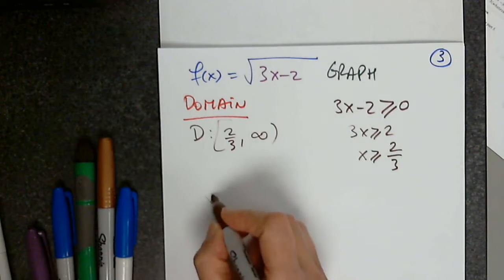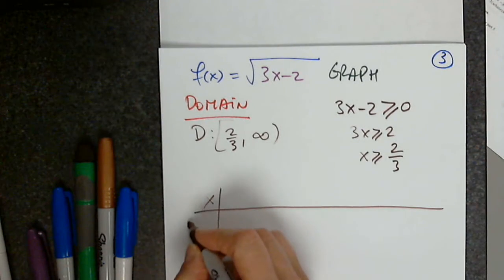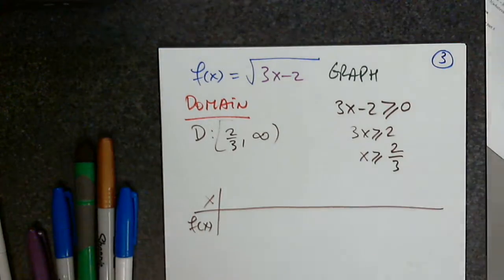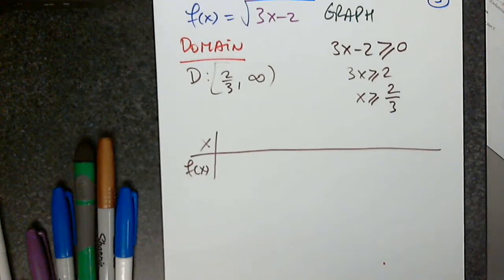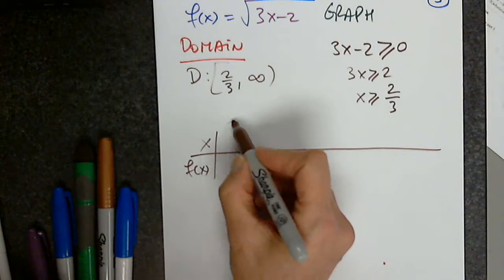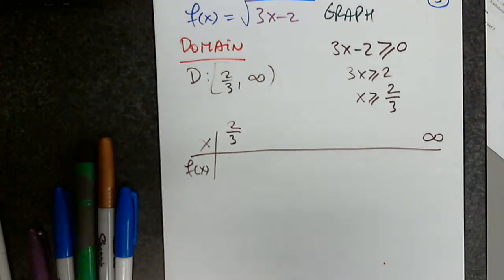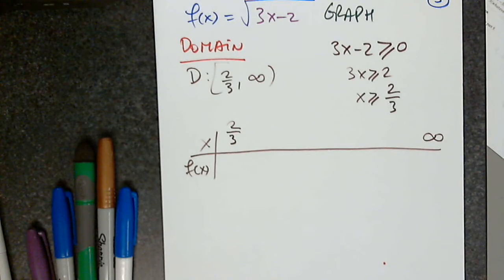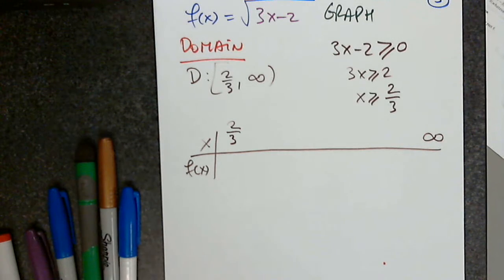Very good. So then when I could start creating my chart of ordered pairs, where do I start? Well, 2/3. A little ugly number, but we'll make it happen.